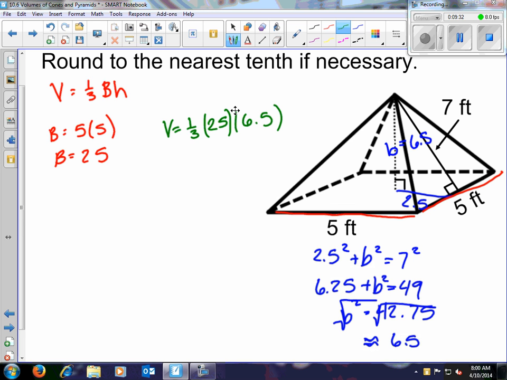And if I type all of this into my calculator, let's do it in pieces, 25 times 6.5 is equal to 162.5. And then I'm going to divide that by 3. So my answer is going to be 54.16 repeating, and I have feet cubed.